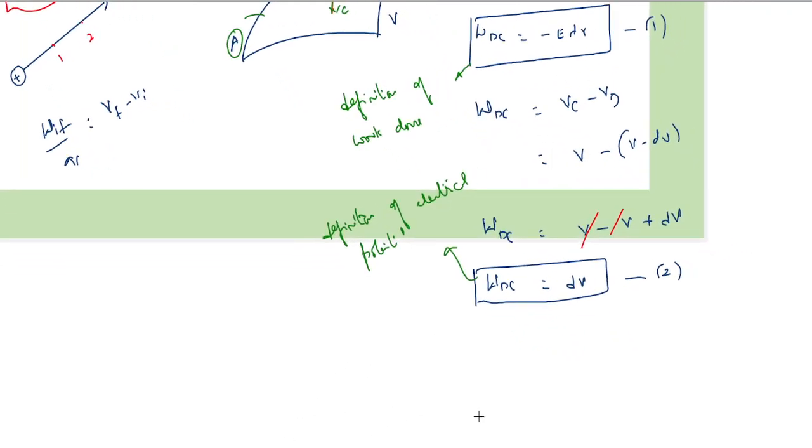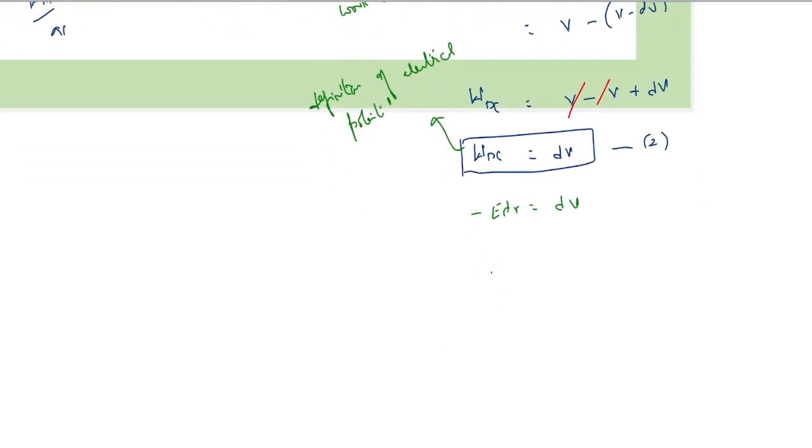So equating them, we get minus E into dr is equal to dV. Finally we get E is equal to minus dV by dr. A very important expression.